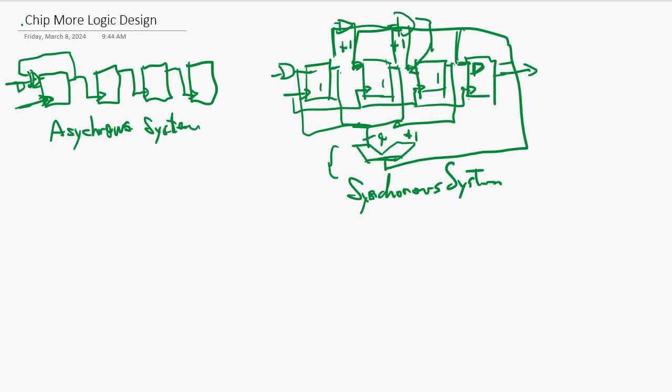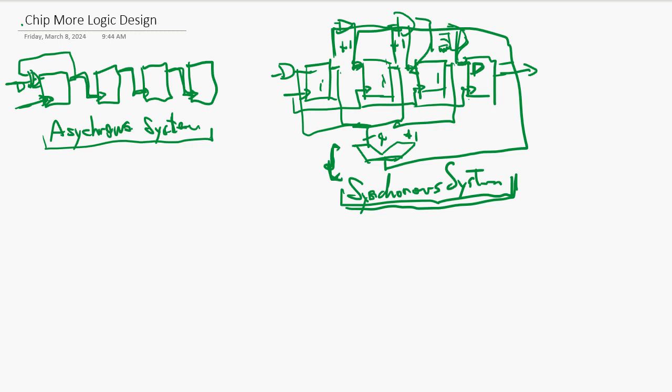So you need a large AND gate that takes all the inputs here and feeds this guy, and only when all the 1s line up, this guy gets 1. So its data is processed in parallel with registers at a single shot of the clock. That's the synchronous system.